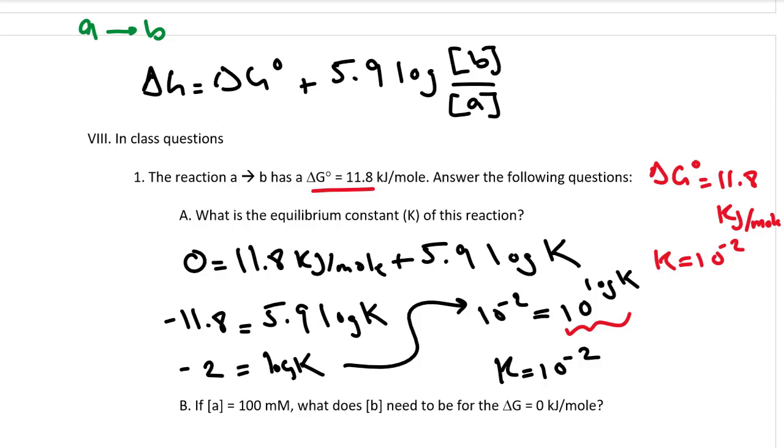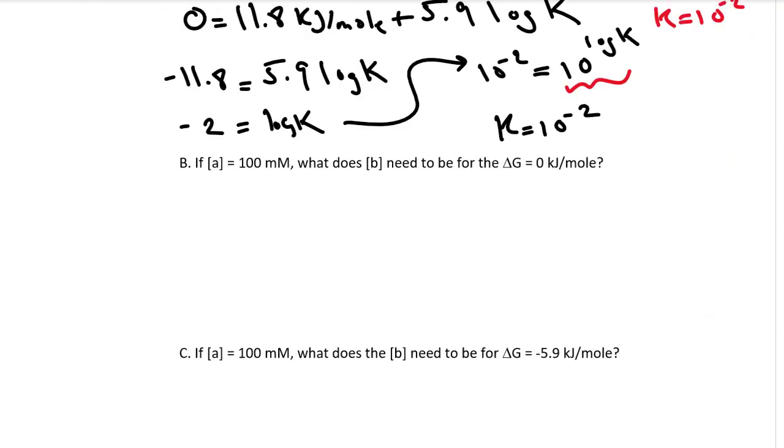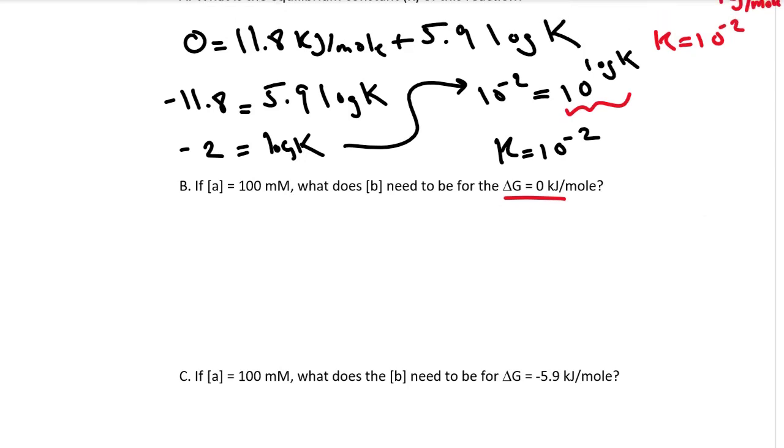But let's go back and look at what this question is saying. If A equals 100 millimolar, what does B need to be at delta G equals 0? That's equilibrium.